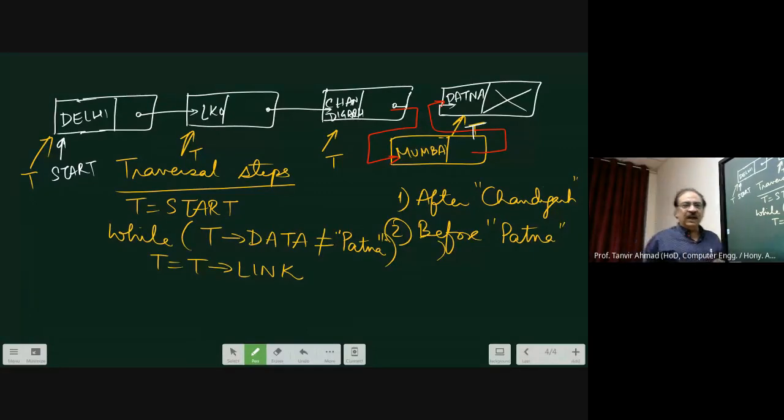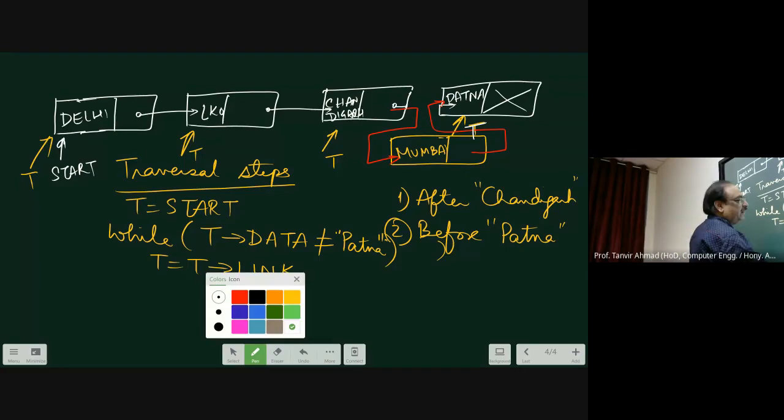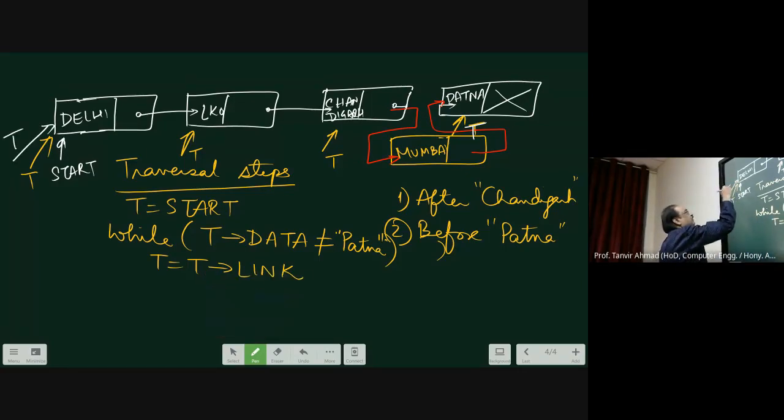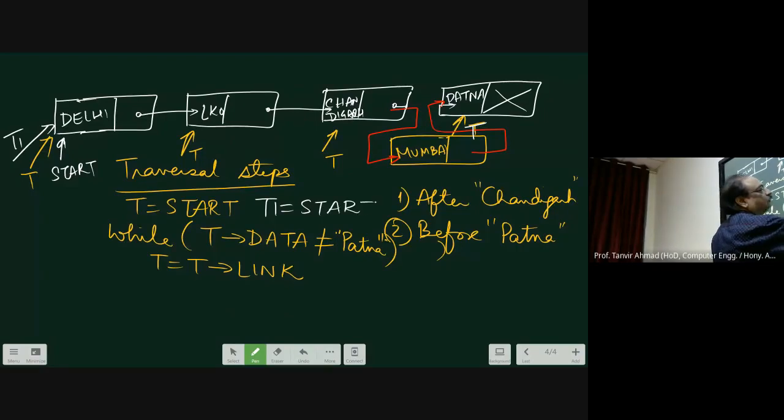One solution is that you start with two pointers. Maybe one pointer T and one pointer T1. Now what I will do is that I will use two pointers over here. I will move one more pointer over here as T1. And I will write T1 also equal to start. Okay.